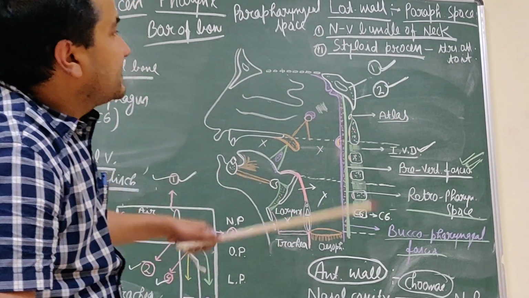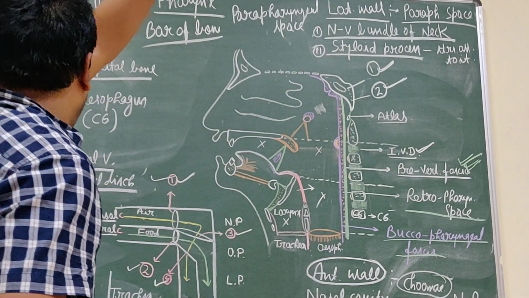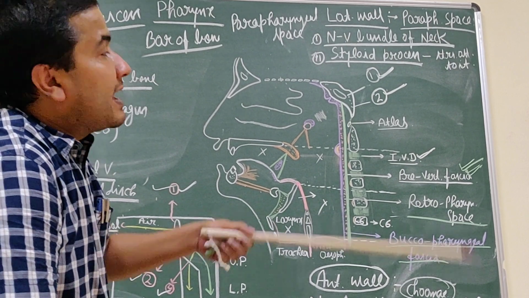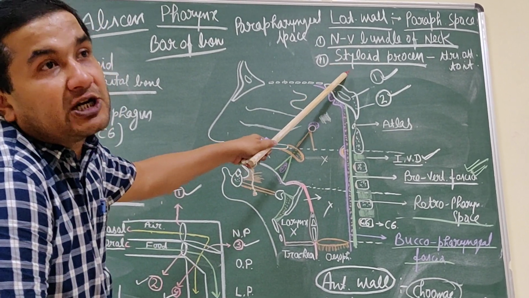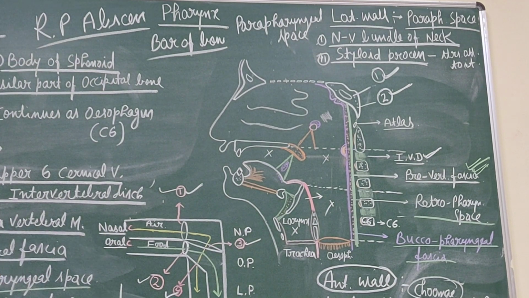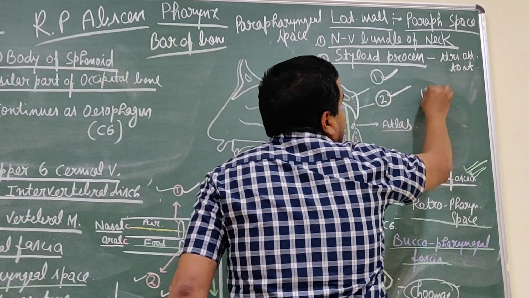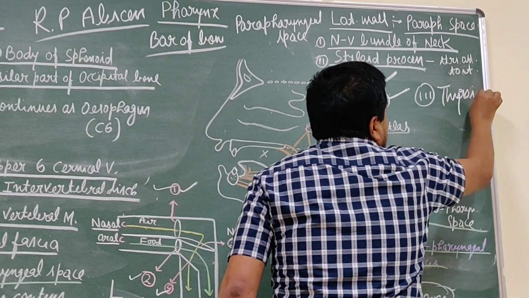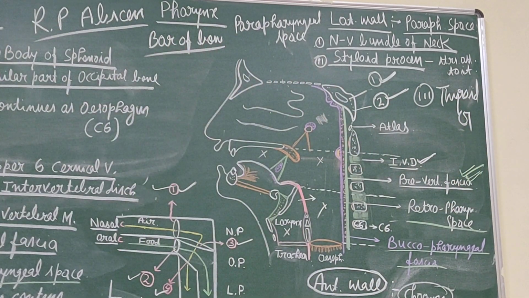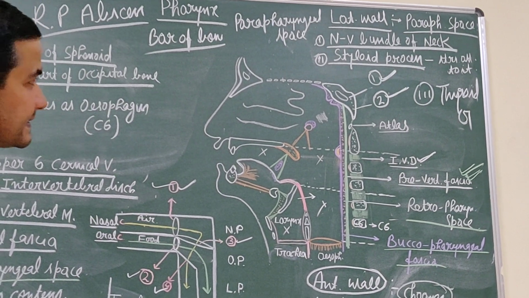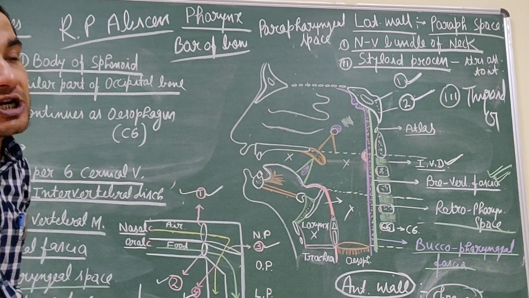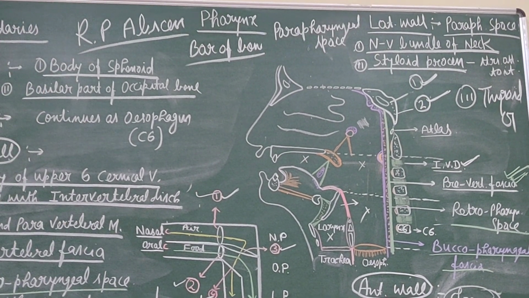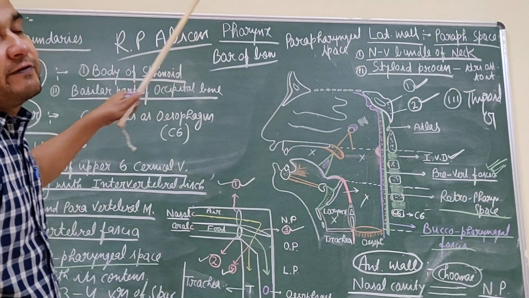On the styloid process, there are 3 muscles and 2 ligaments that form the styloid apparatus, and this styloid apparatus is related with the lateral wall of the pharynx. The lateral lobe of the thyroid gland is also related with the lateral wall of the pharynx. So this is the boundary of the complete pharynx.